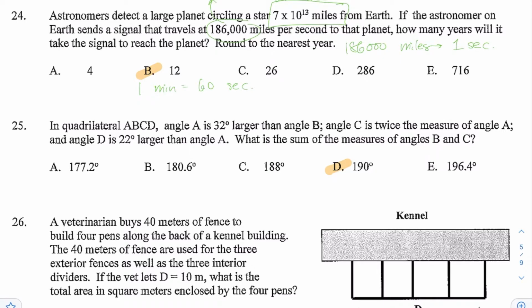To figure out the time, you can use this formula D equals R times T, or T is equal to distance divided by rate. So you want to make sure you put everything into seconds. So when you have 7 times 10 to the 13th power, that's the distance, and that's in miles. You want to divide this by the rate, which is 186,000 miles per second.